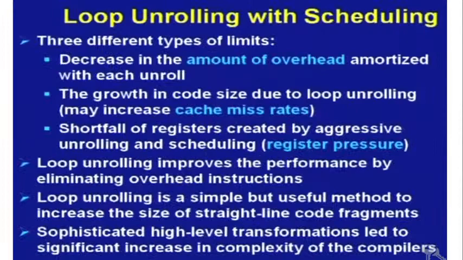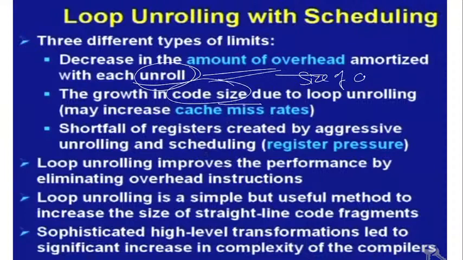So loop unrolling with scheduling, there are three different types of limits. It decreases the amount of overhead with each unroll. The growth is, yeah, the size is increased. The size of the code is increased due to the unrolling.